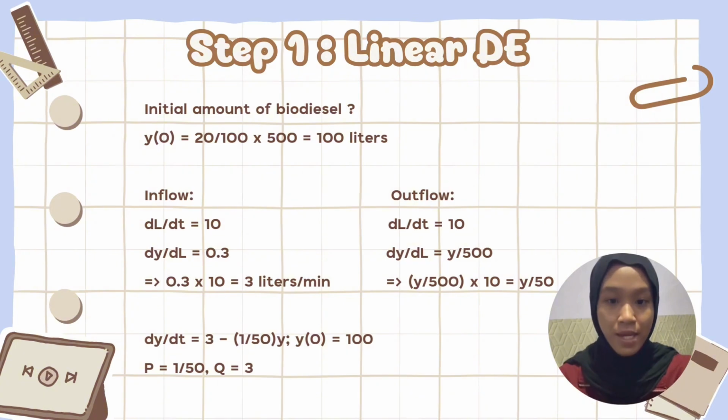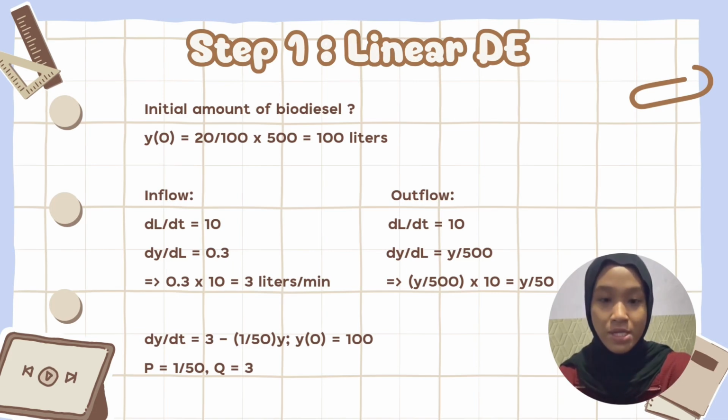In order to do that, we need to gather all the information given. For the inflow process, the rate of solution entering the tank is 10 liters per minute, with a biodiesel concentration of 0.3. On the other hand, the rate of solution for the outflow process is 10 liters per minute.